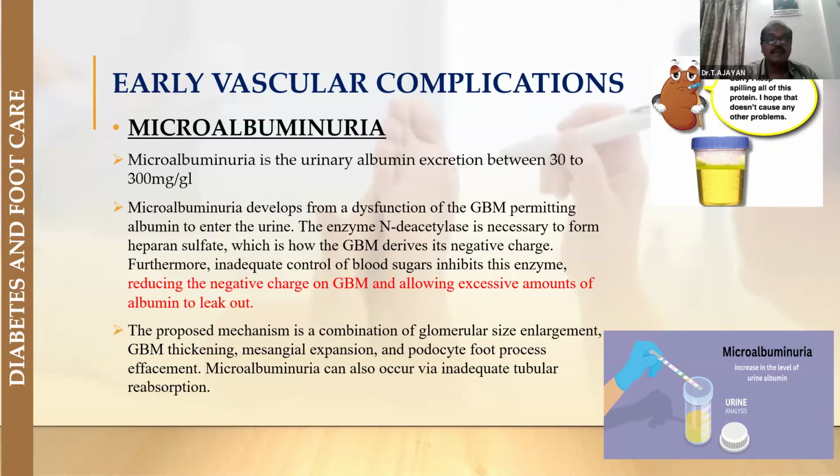The mechanism is a combination of glomerular enlargement, glomerular basement membrane thickening, mesangial expansion, and podocyte foot process effacement. Microalbuminuria can also occur with inadequate tubular reabsorption. Therefore, in our investigation we must include microalbumin. Check the microalbumin.